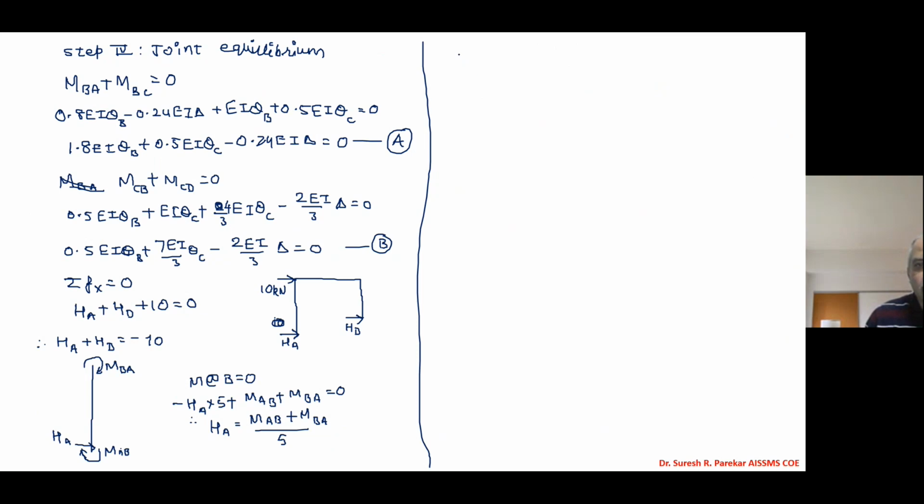So we have HA equal to 0.4 EI theta B minus 0.24 EI delta plus 0.8 EI theta B minus 0.24 EI delta, divided by 5.